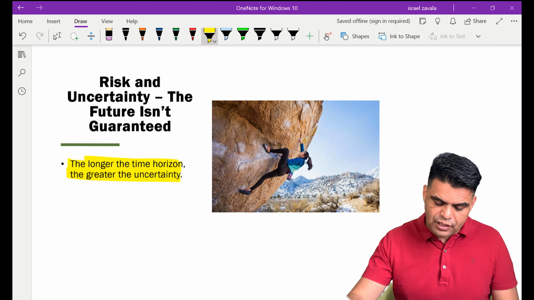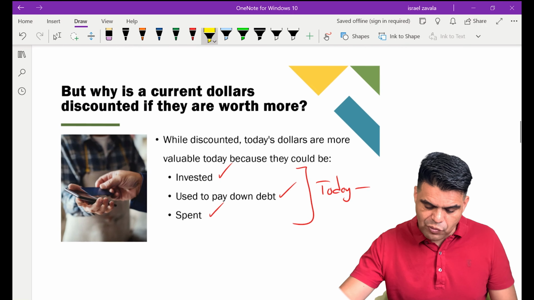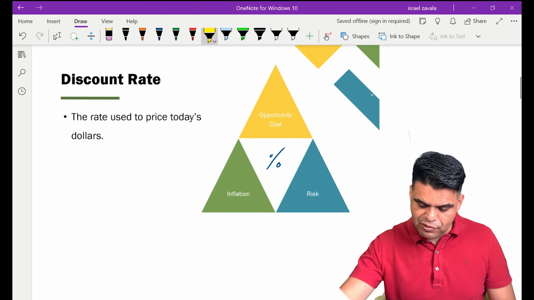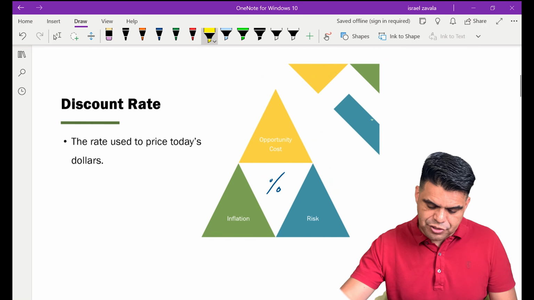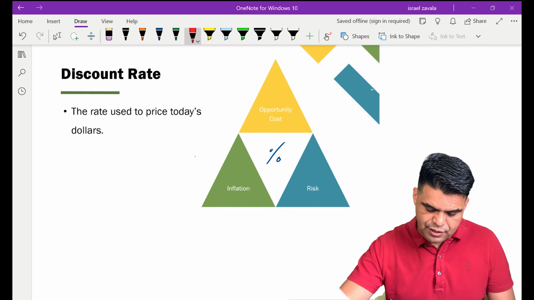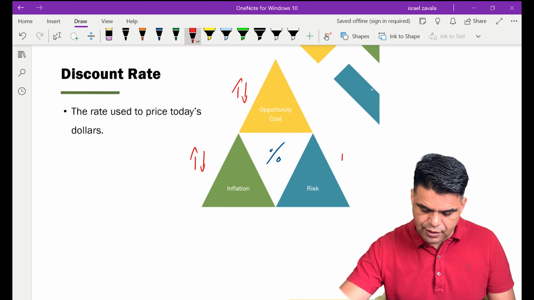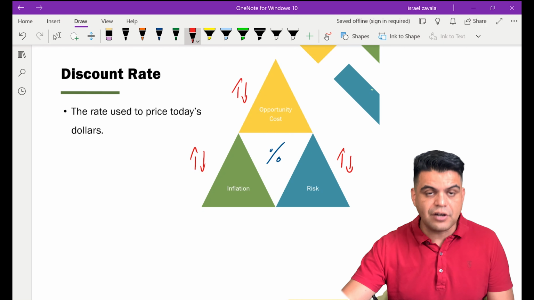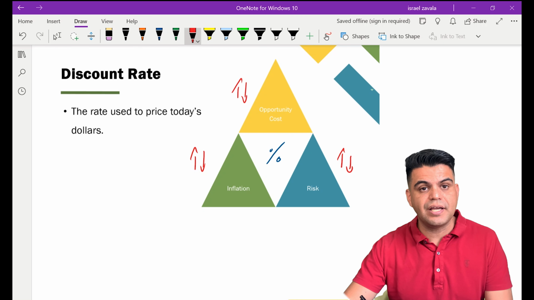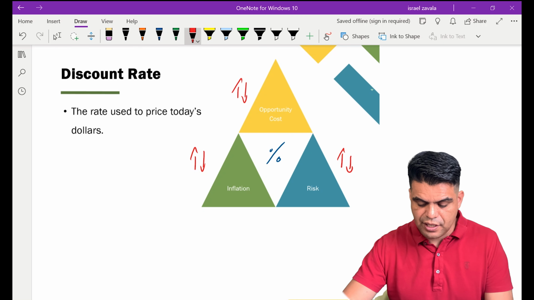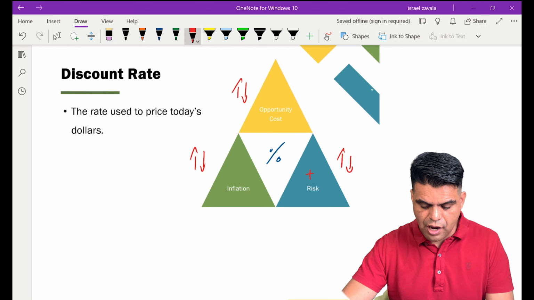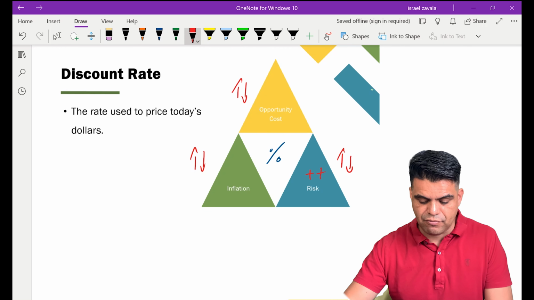Okay. So going back to, I hate to go all the way back to my pyramid here, but you need to measure each one of these. Each one of these is going to help you decide, there's a lot of risk associated with me receiving that money in the future. So I'm going to add more because of that risk.